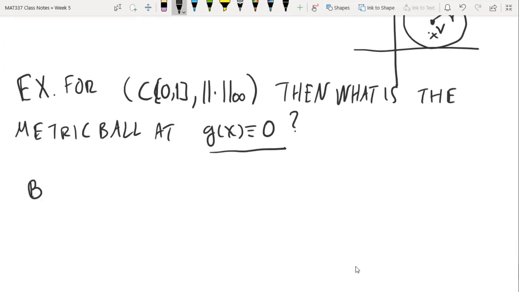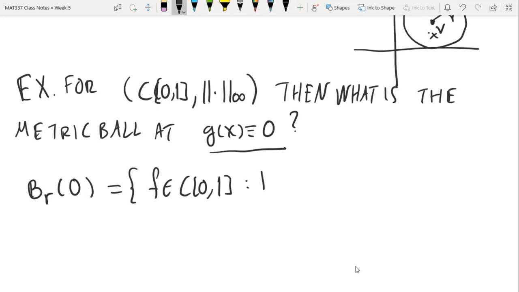So let's write down the definition. We have radius r, and we put the 0 function. So this says take all the functions in continuous such that the distance of f from the 0 function in the sup norm is less than r.